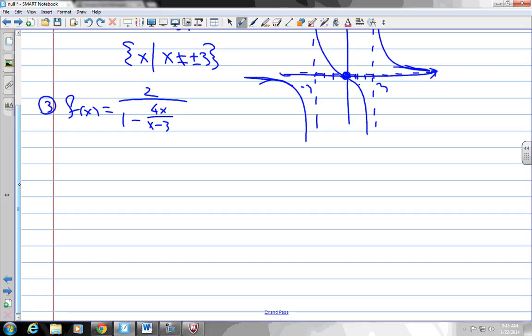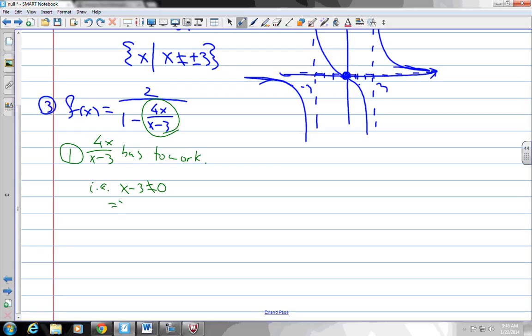So right away, there are two problems, right? Because you have two denominators. You have a denominator here, right? So that means 4x over x minus 3 has to work, right? Which means what? How do you make this work? Well, x minus 3 cannot be 0, right?